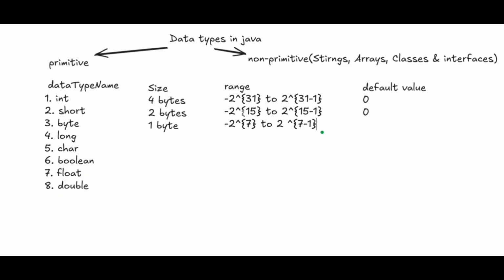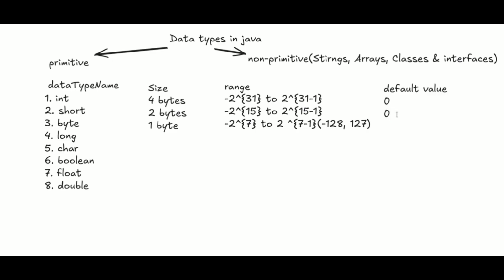Since it is short, I'm just mentioning it here. It will be from -128 to +127. And the default value for this is 0, same as int and short.